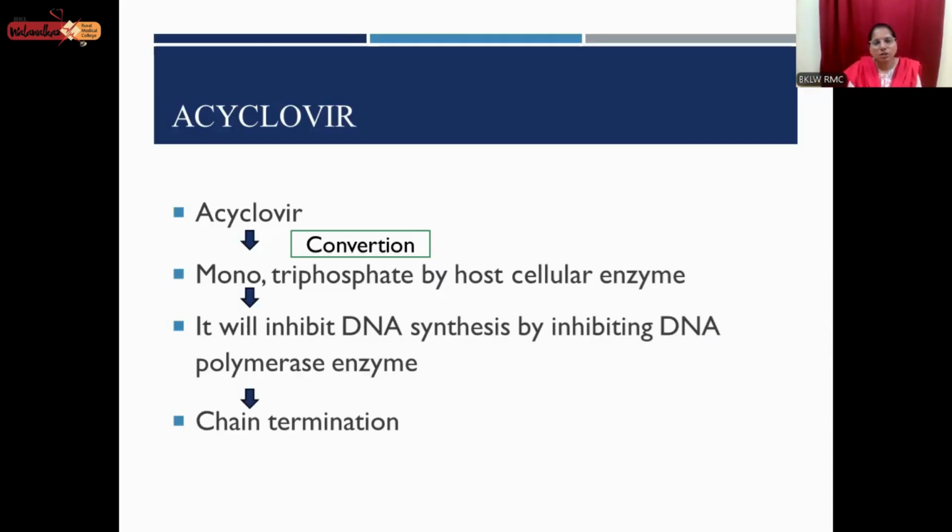After conversion to triphosphate, it inhibits DNA synthesis by inhibiting DNA polymerase enzyme, and it also causes chain termination by being added into the DNA. So there is full chain termination, no further DNA synthesis, and no viral replication, so viral replication stops immediately.